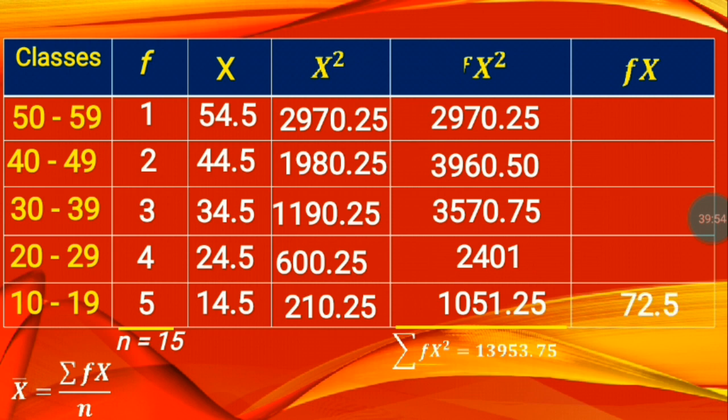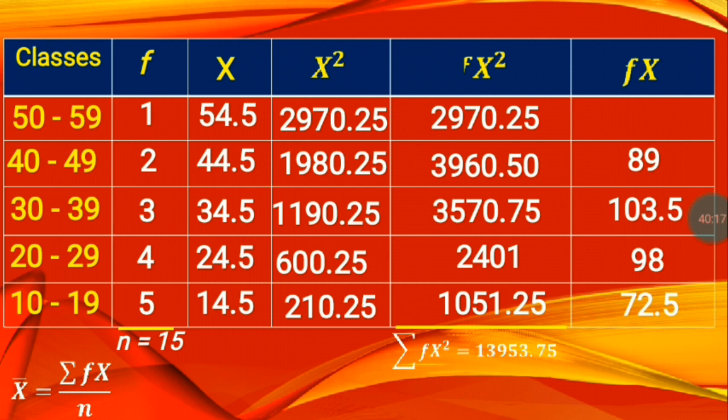So 5 times 14.5, you have 72.5. Then 4 times 24.5, you have 98. 3 times 34.5, you have 103.5. Then 2 times 44.5, you have 89.